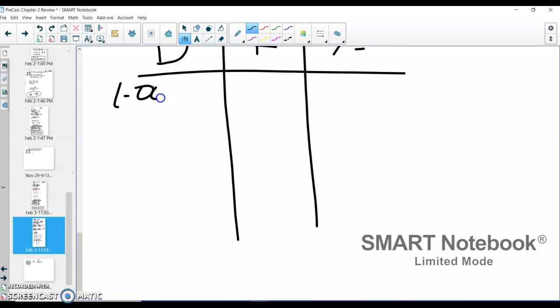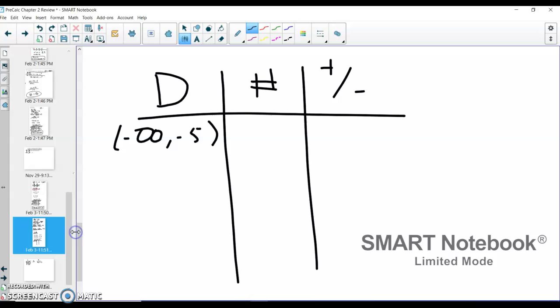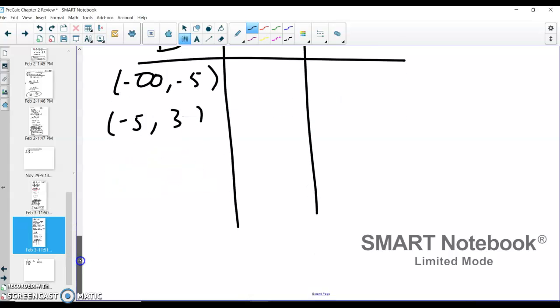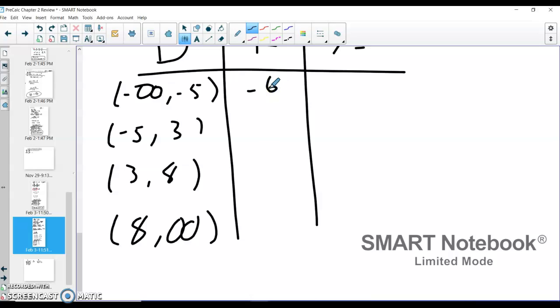Second interval is going to go from negative 5 to positive 3. Third test interval is going to go from 3 to 8. And the last test interval is going to go from 8 to infinity. Choosing test numbers in each one, this could be negative 6, this could be 0, this could be 4, this could be 9. And I'm going to start plugging these in again.